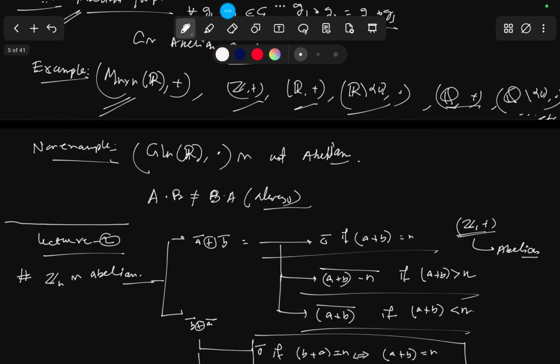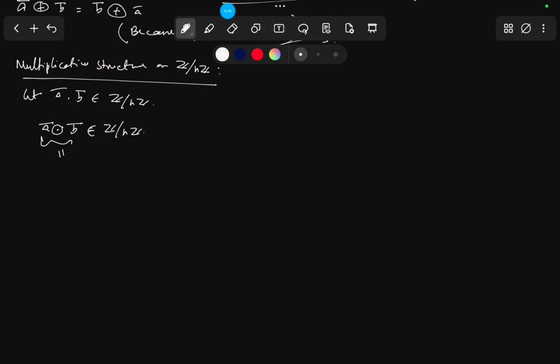They are based on the remainders we get after dividing by n. So a bar times b bar is: first we multiply a and b together, then take modulo n, meaning the remainder of that, then take the bar, the coset of that. So ab mod n bar.